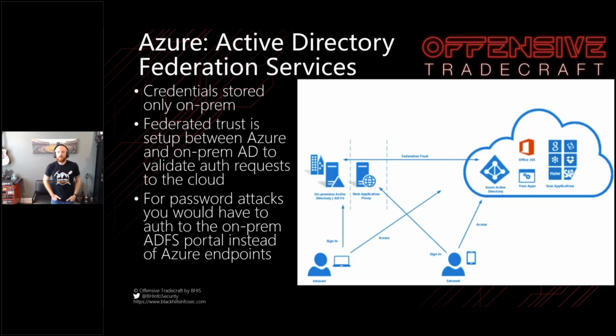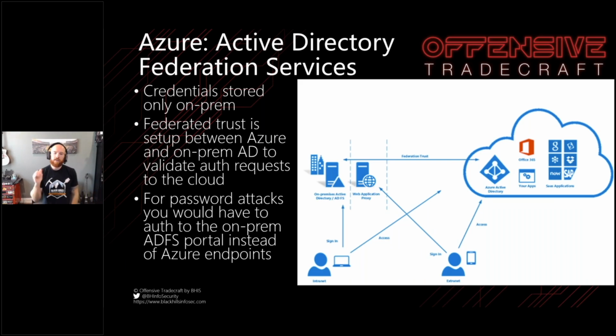So the last one, this one looks very different from the other two. So this is Active Directory Federation Services. Whenever an organization wants to keep their credentials on-prem, and they want to be able to set up a trust to O365, they set up this on-prem ADFS server.